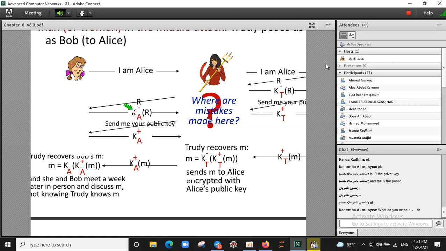If I write a K with a plus sign, I mean a public key. Is it okay? A here, A means Alice, T means owner is Trudy.